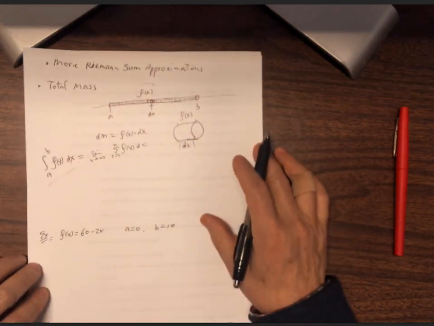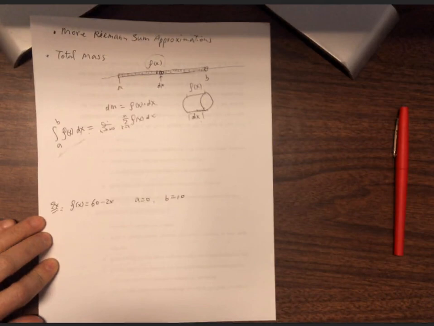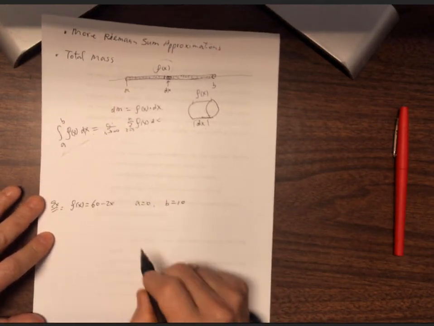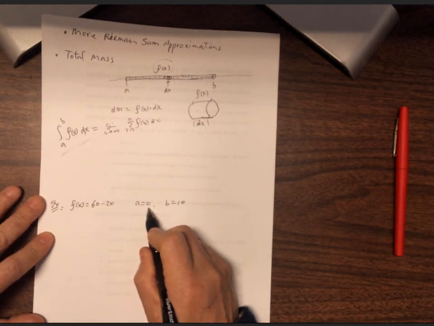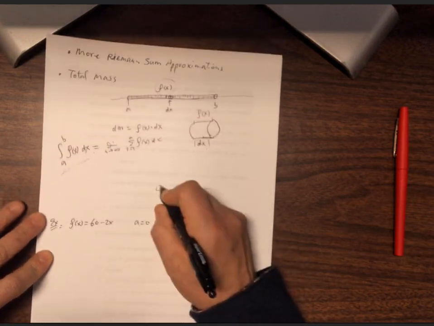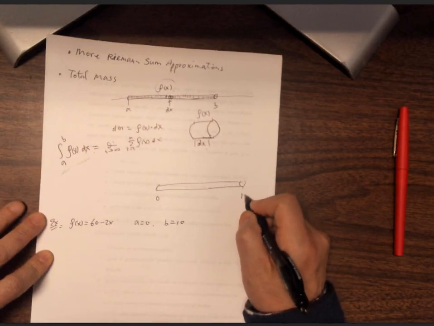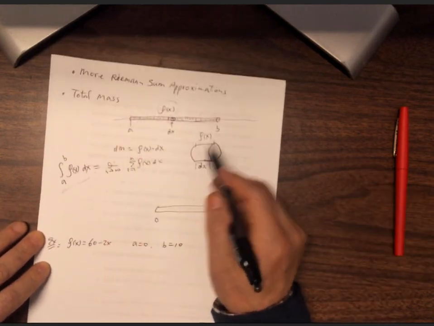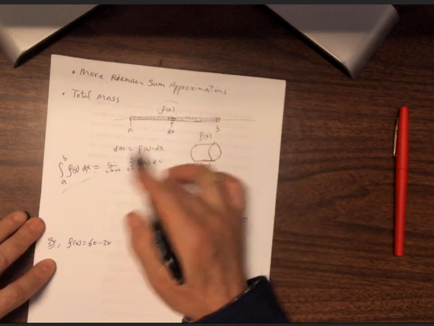Now let's see one example. Suppose the density distribution function is 60 minus 2x from 0 to 10. So this end is 0, this end is 10. We're not going to go through the slicing, small sections, or whatever details here.